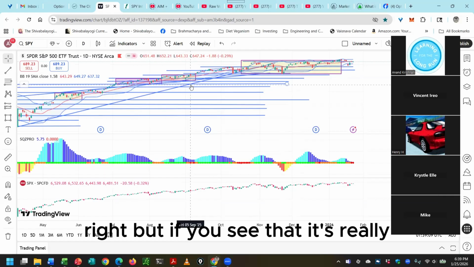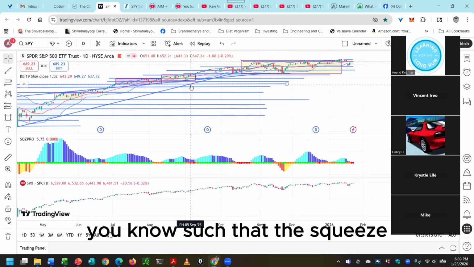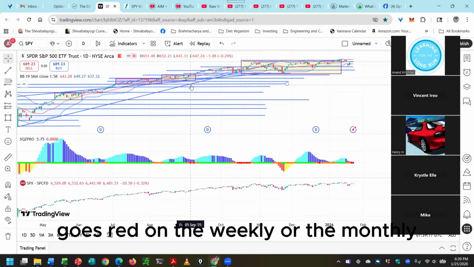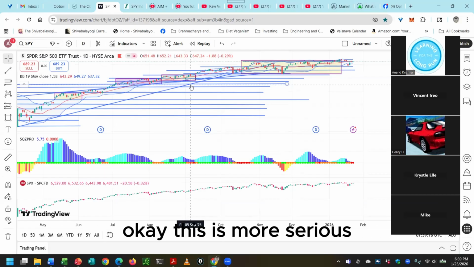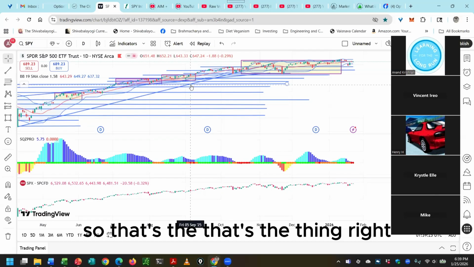But if you see that it's really going down, such that the squeeze goes red on the weekly or the monthly, then okay, this is more serious than we thought. So that's the thing.